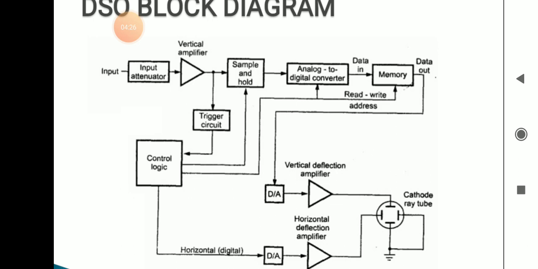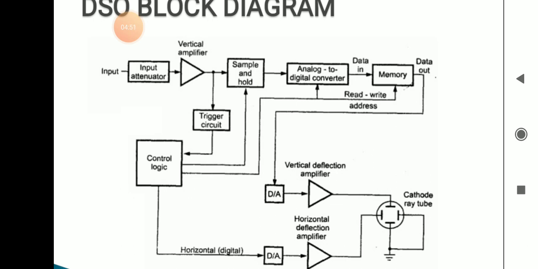Fourth point, the main requirements of an A to D converter are its speed and accuracy, and also it converts analog into digital. The digitized output is in binary form, not in BCD form.